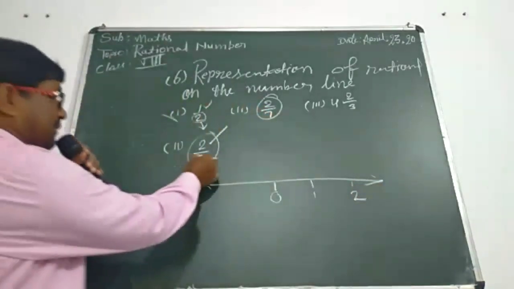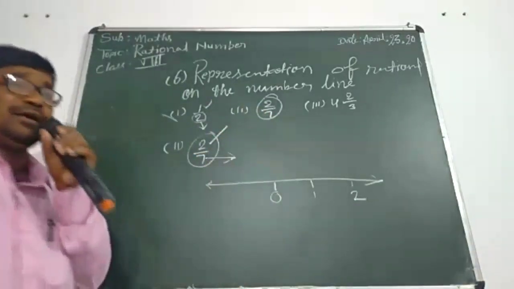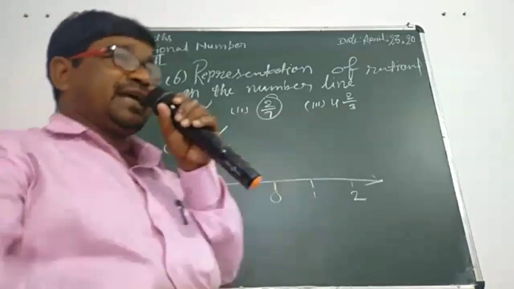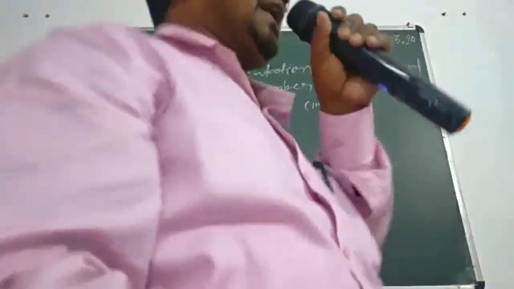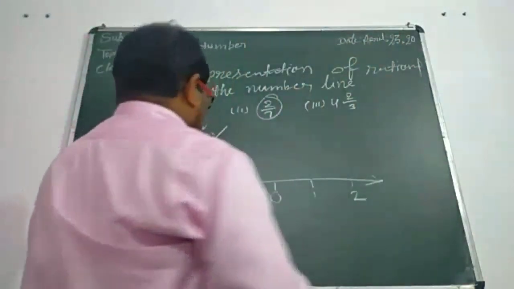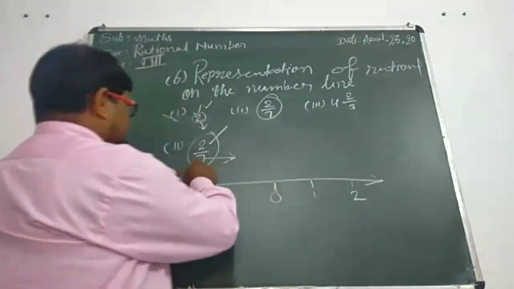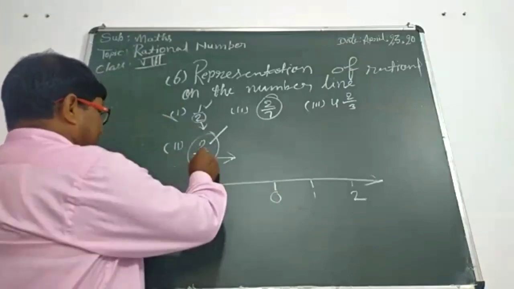Now you should think about the denominator. Your denominator is 7. Okay, its meaning is divide the first part according to your denominator. Denominator is 7.